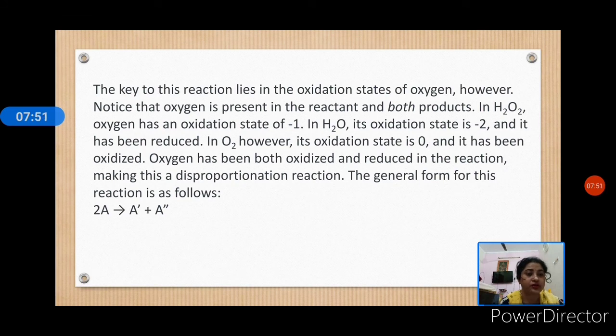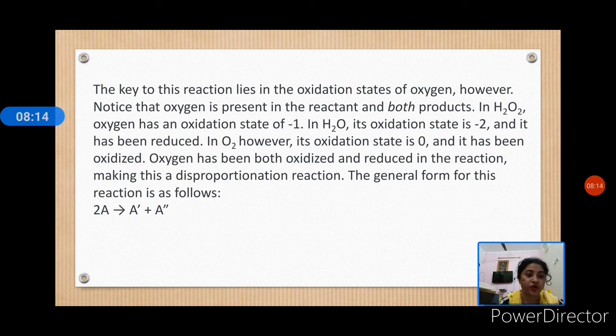In water, its oxidation state is -2 and it has been reduced. In oxygen, however, its oxidation state is 0 and it has been oxidized. Oxygen has been both oxidized and reduced in the reaction, making this a disproportionation reaction.